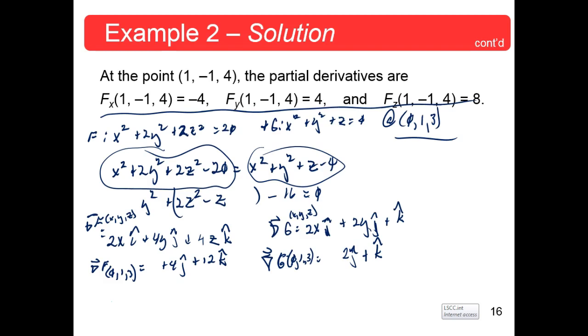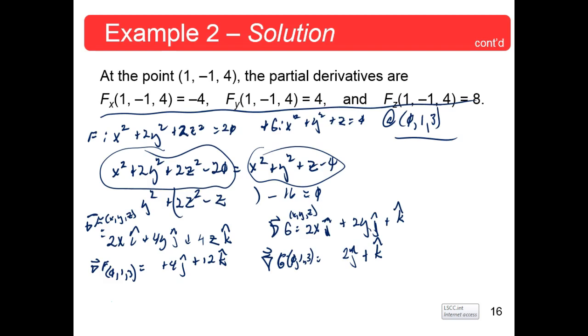Now, the gradient of, say, that ellipsoid, that's going to be pointing either in or out, perpendicular to the ellipsoid. For the paraboloid, it's going to be pointing in or out, perpendicular to that. Now, they're not in the same direction.